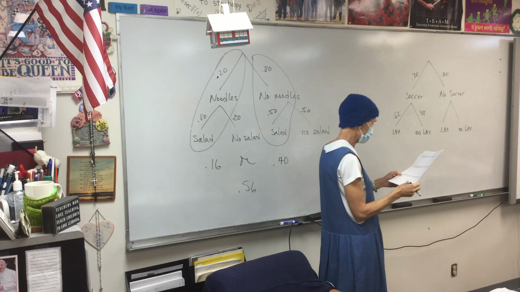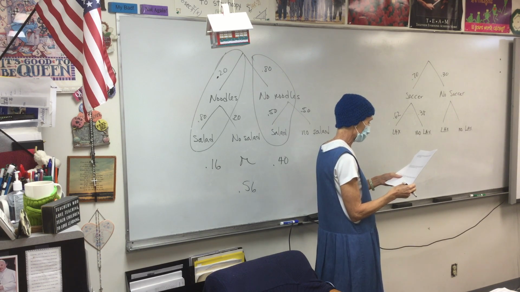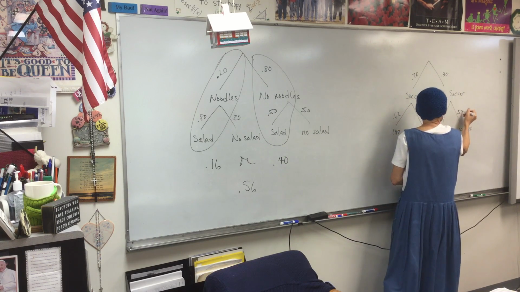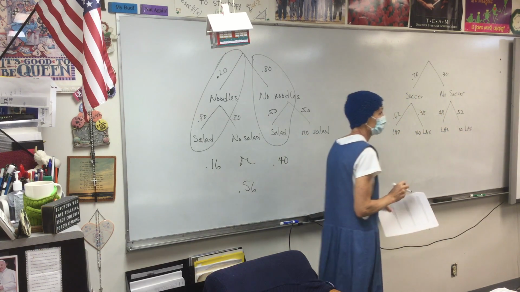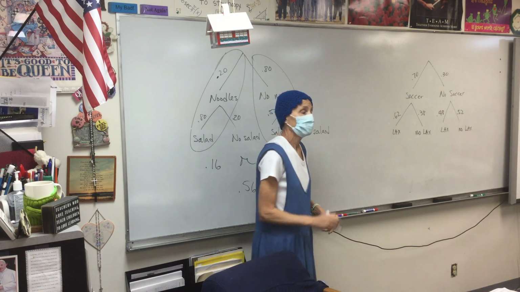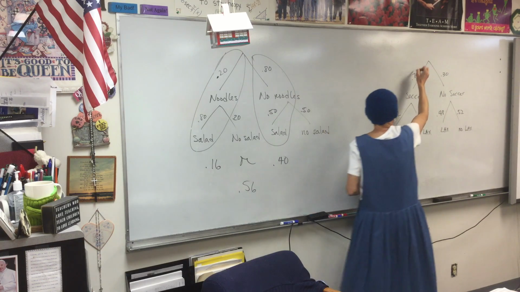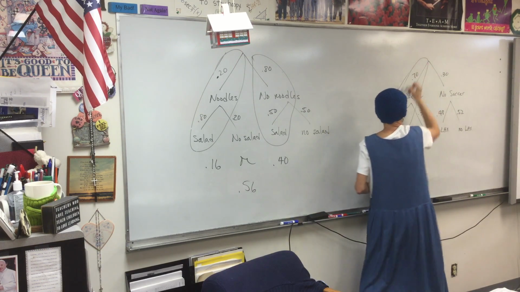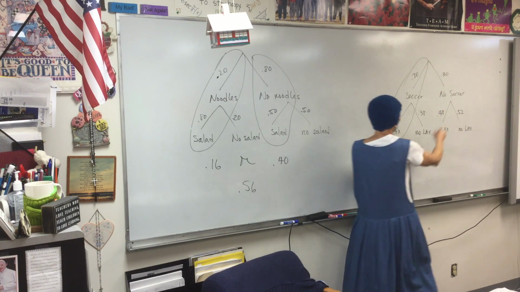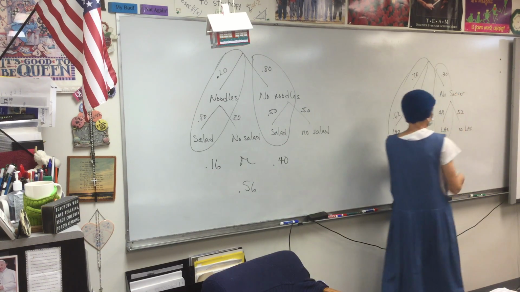What if I don't play soccer? 48 and 52. Now I want to know the probability of playing lacrosse. So that's going to come here. That's lacrosse, right? Playing lacrosse. Or here.